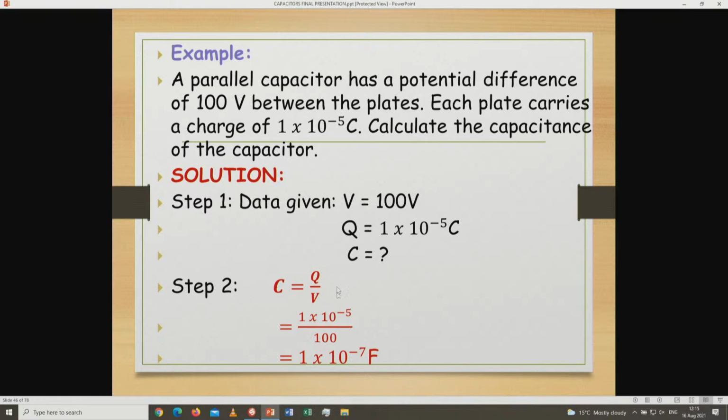So we use the formula C equals Q over V, then we substitute. These values are given in correct SI units, so we do not need to convert. We substitute 1 times 10 to the power negative 5 divided by 100, which gives us 1 times 10 to the power negative 7 farads.